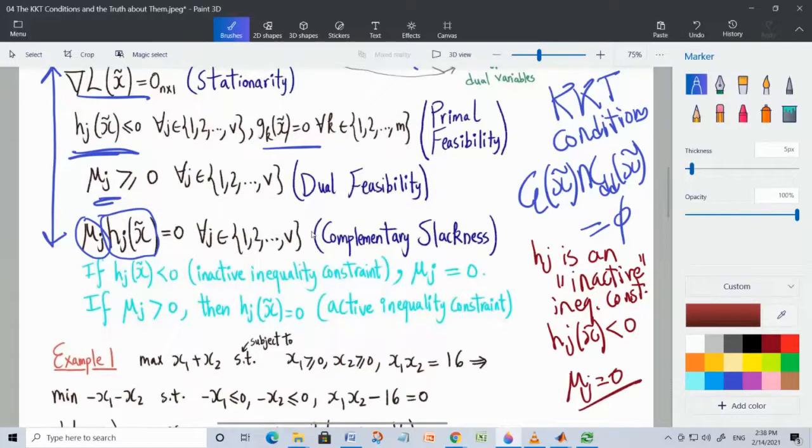Right? So basically, if you remember the psi matrix from the previous slide, it involved the h functions that were active, satisfied with equality.